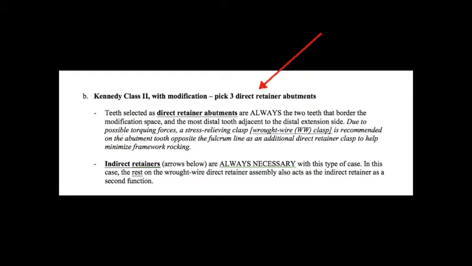So you should have an indirect retainer. The KISS principle manual tells you that the indirect retainer will be one of your direct retainers' rest areas. So this manual gives you a hint as to how many abutment teeth you should have.